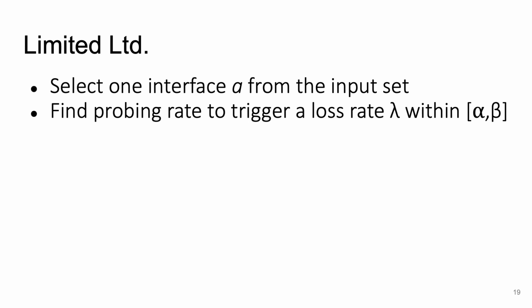So let's have a closer look at how the algorithm works. First of all, select one interface A from the input set. The goal first is to find the probing rate that will trigger ICMP rate limiting on A. So we will try to find a loss rate, lambda, within the target loss rate interval, which is alpha and beta.